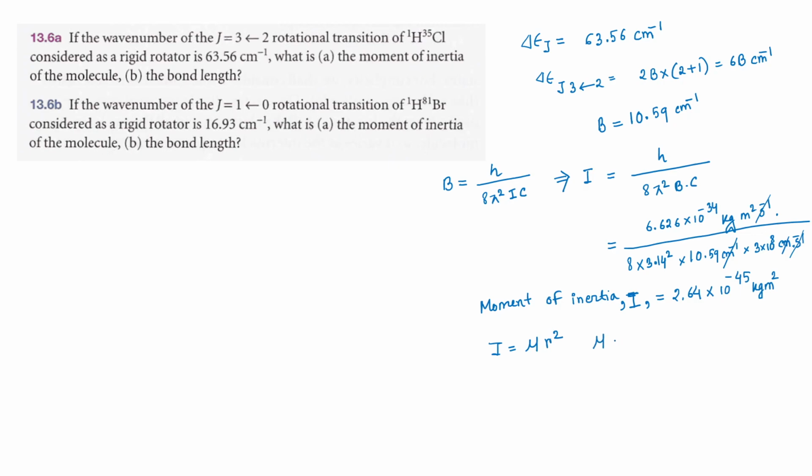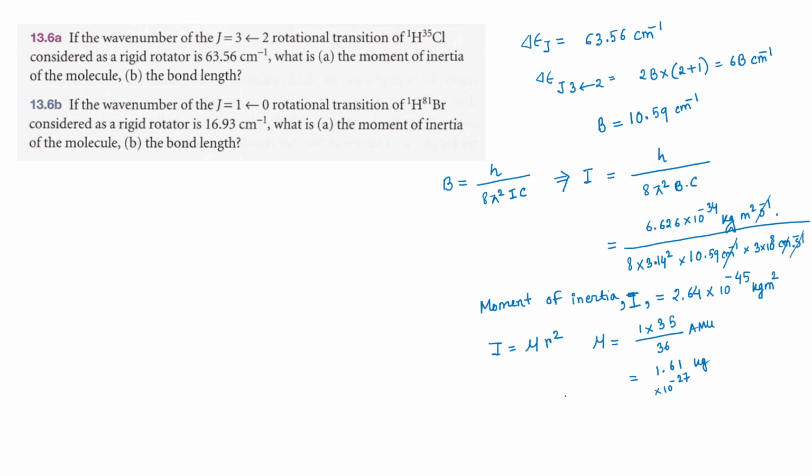So what is the mu for this molecule? 1 into 35 divided by 36 amu, and when we convert it to kg, 35 by 36 into 1.66 into 10 to the power minus 27, you get 1.61 into 10 to the power minus 27 kg. Okay.